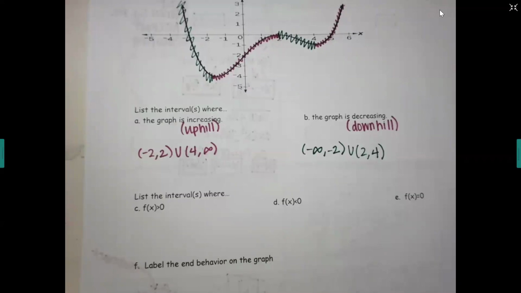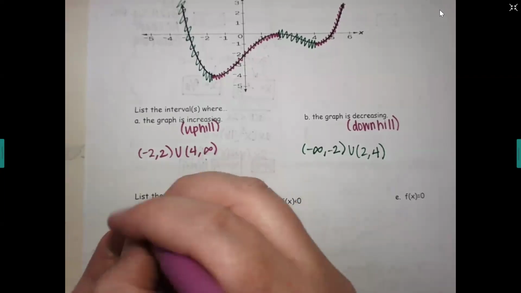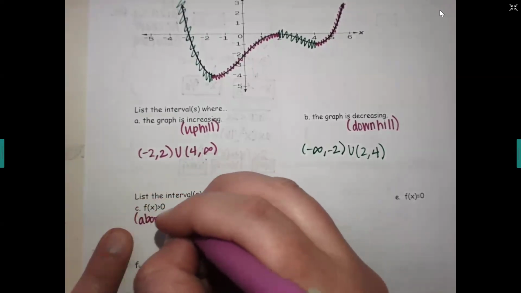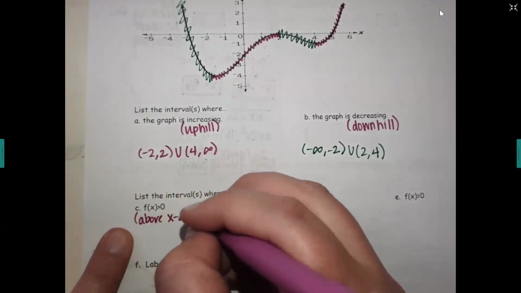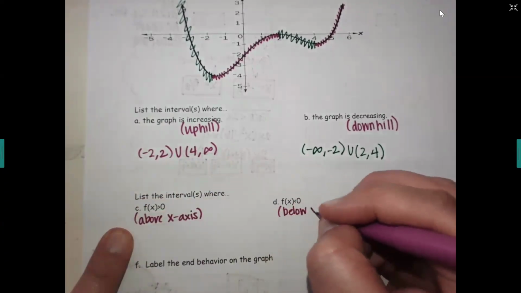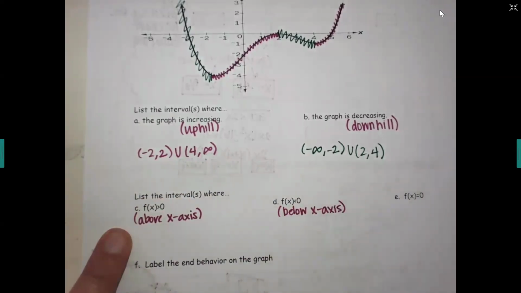All right, increasing, decreasing, or uphill, downhill. The next thing you need to be able to tell is when your f of x is greater than 0 or less than 0. Okay, it is greater than 0 when the graph is above the x-axis. And it will be less than 0 when the graph is below the x-axis.